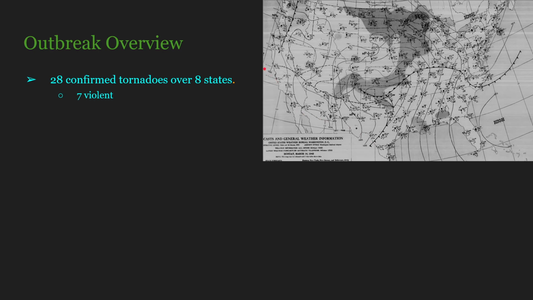Well, this system would cause 28 confirmed tornadoes over 8 states, from Mississippi to Illinois, and then even one in South Carolina. We would also see 18 tornadoes cause at least one death. This is one of the highest numbers out of all of the confirmed tornadoes from an outbreak to be killer.